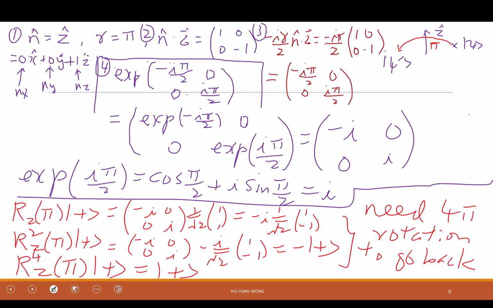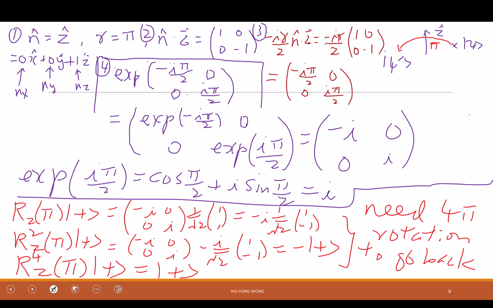Now let's take a look. So this is pointing to me. I do this, now it's pointing to you, pi. Do more, it's pointing to me, 2 pi. But I did not go back to my original state yet, because that was not my original form.